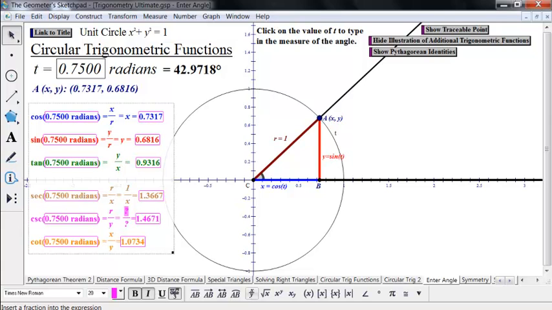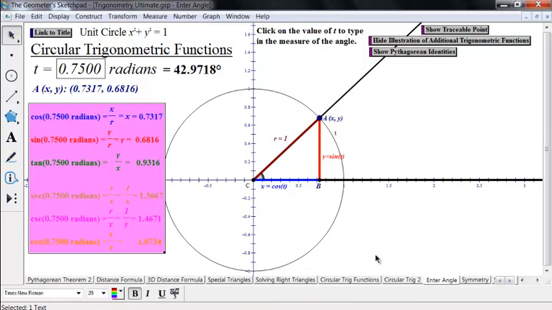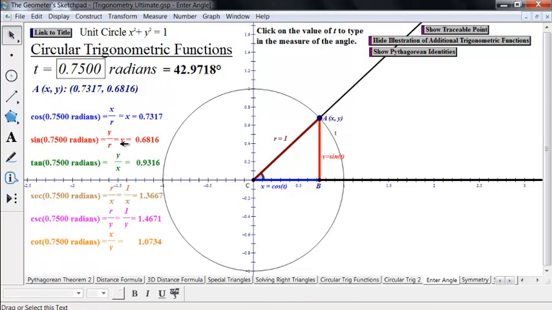Similarly, cosecant is r over y, that's 1 over y in our unit circle case. And finally, cotangent is x over y, which is given at the moment to be about 1.0734. So there are the 6 trig functions of this particular angle.